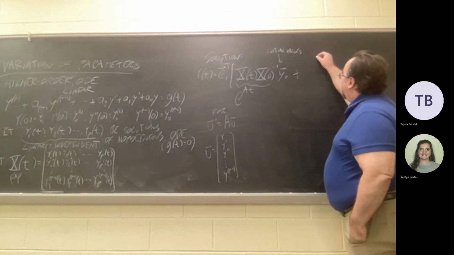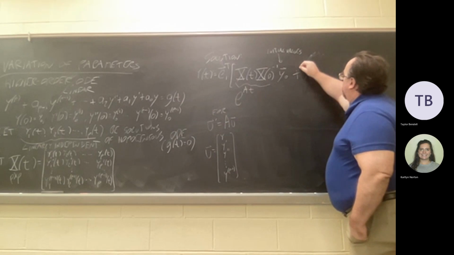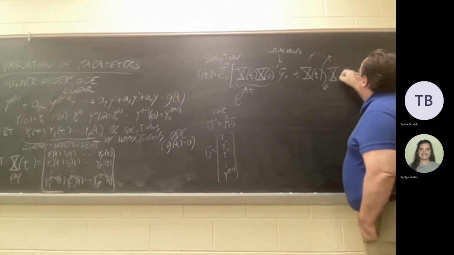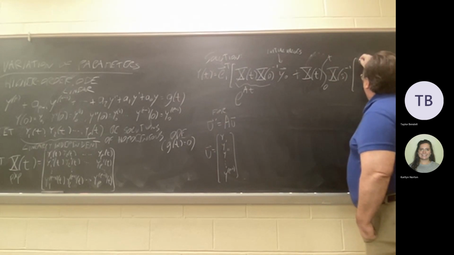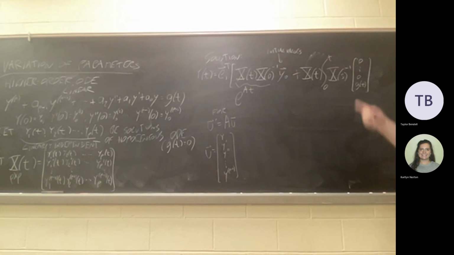And then for the source term, we have X of t integral from 0 to t, X of s inverse times the vector consisting of all zeros, and the last component is g of s, the right-hand side of the original problem.